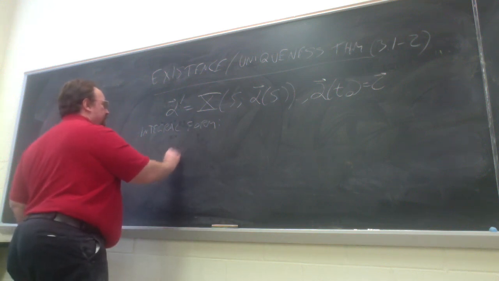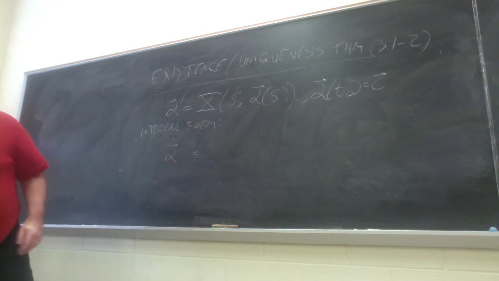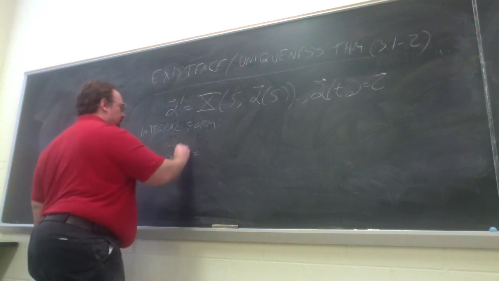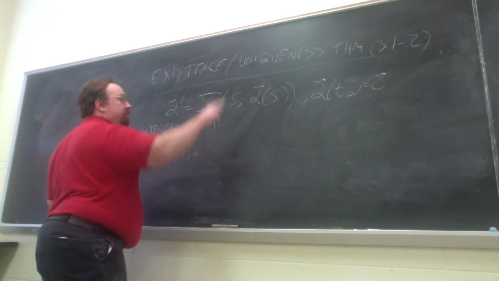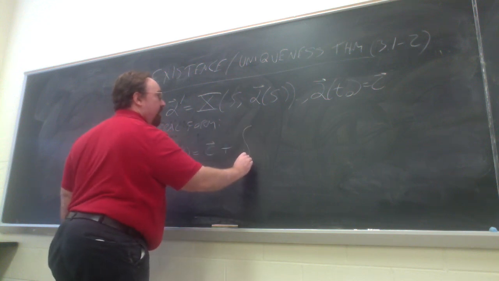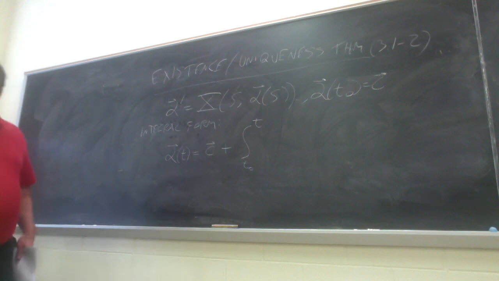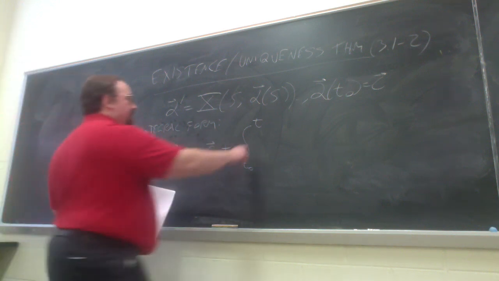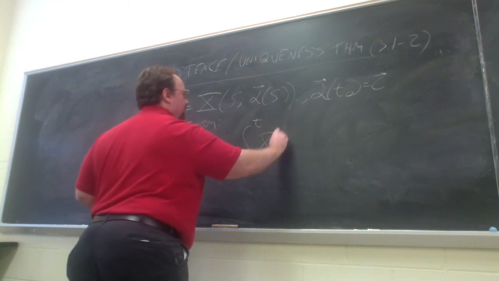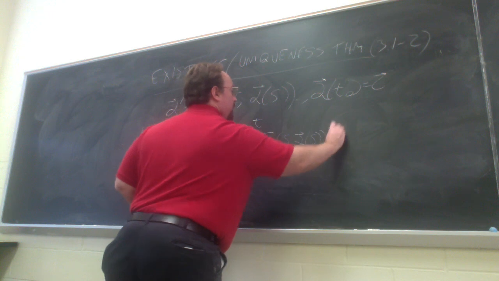So that would be just alpha of t is equal to the initial value, c, plus the integral from t naught to t, and then we fill in the vector field here, x of s, alpha of s, ds.